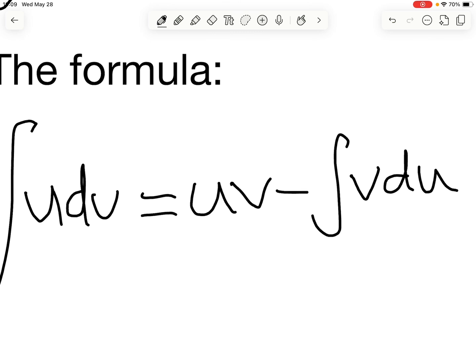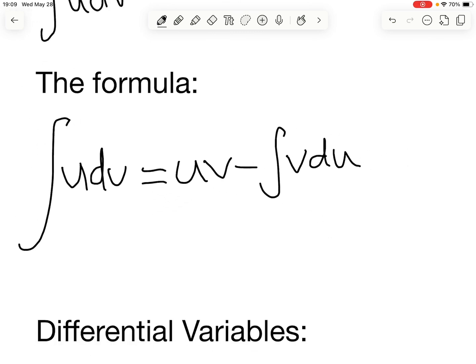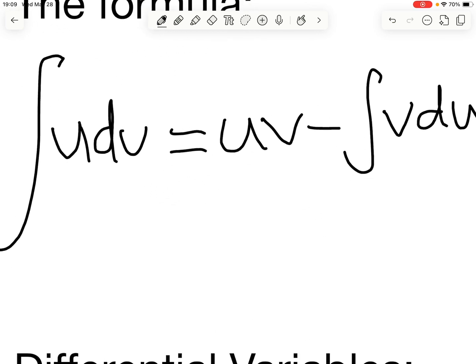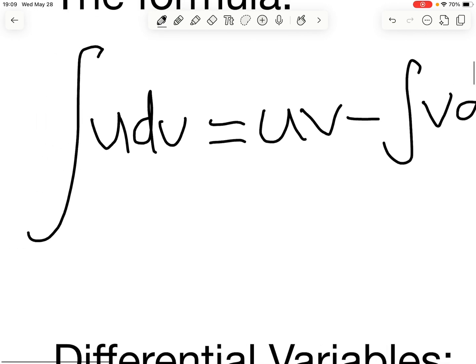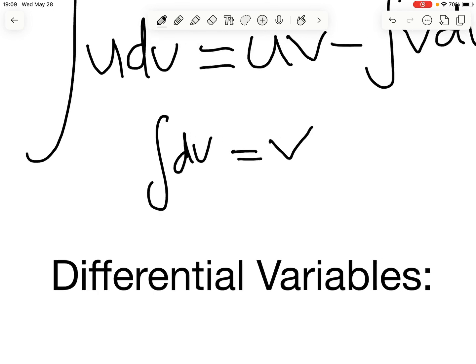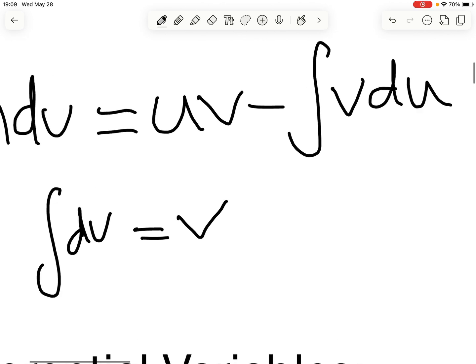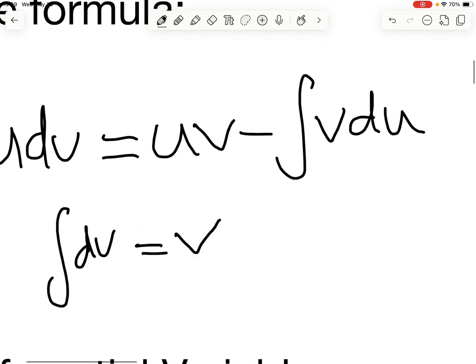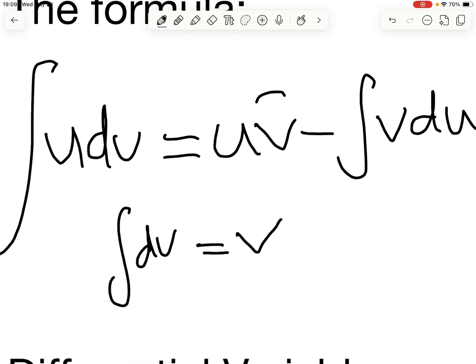And it's important to remember that we're using the fundamental rules of calculus. So, just to get a quick refresher, integrating dv, is this the same thing as v? So, if you want to have v here, this v right here is going to be equivalent to the integration of this dv.